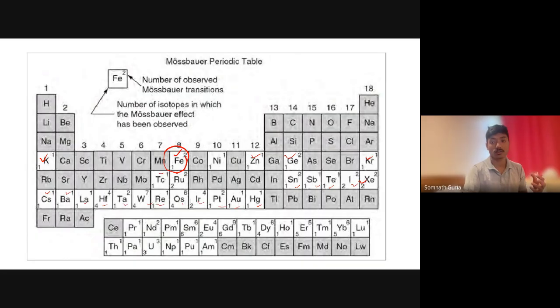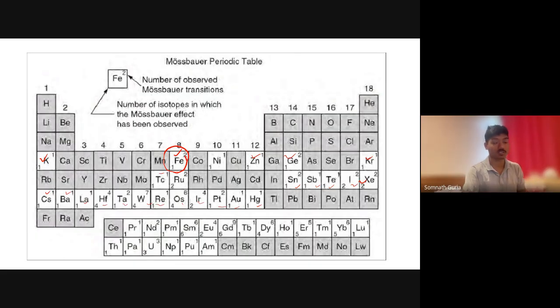So people widely use iron Mossbauer spectroscopy to detect the iron and its geometric change, oxidation state change, and spin state change.